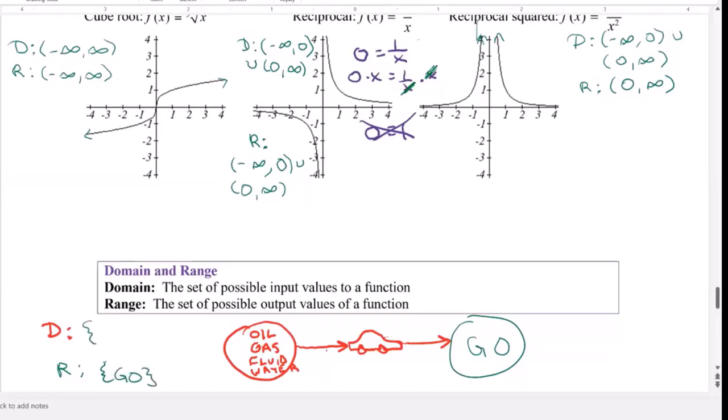And my domain would be oil, gas, water, and other fluids that go in the car. And we would call that our domain. What goes in and what comes out. I don't know if that helped, but if it did, great. If it didn't, ignore it.